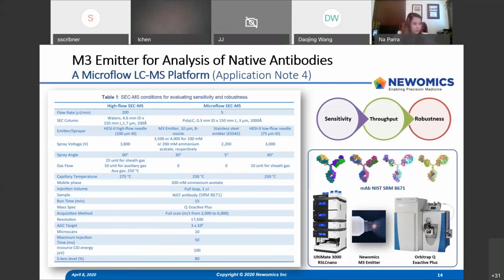However, for people doing native MS, we know the mass spec transfer tube will be contaminated with native MS protein after it's ionized. So in our case, depending on the injection amount, if you run 1 microgram of IgG, you may have to clean your mass spectrometer more frequently.